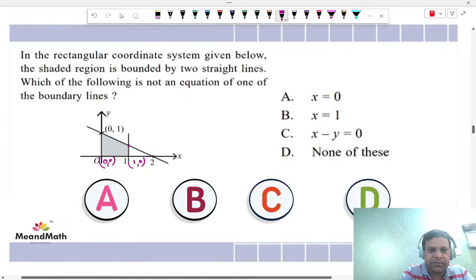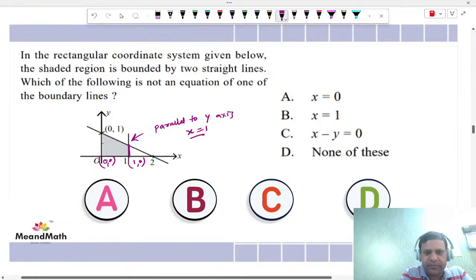So this is the boundary line, means this is parallel to y-axis. So equation is x is equal to 1. Equation of this is x is equal to 0. Equation of this is y is equal to 0.